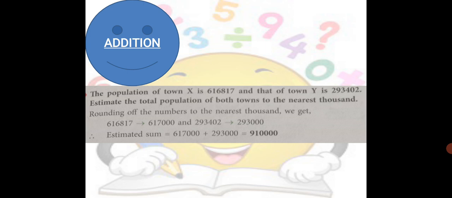So now I will discuss with you the solution. Rounding off the numbers to the nearest thousand, if we round off 6,16,817 to the nearest 1000, what will we get?